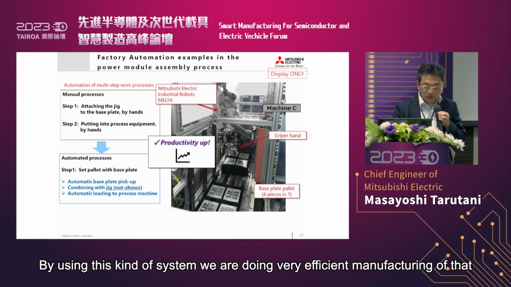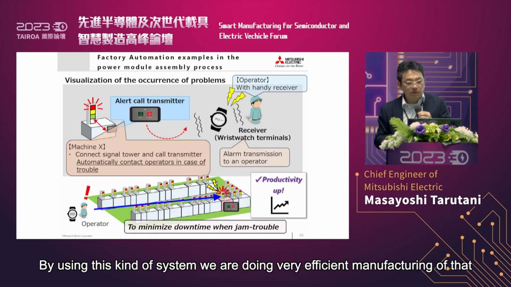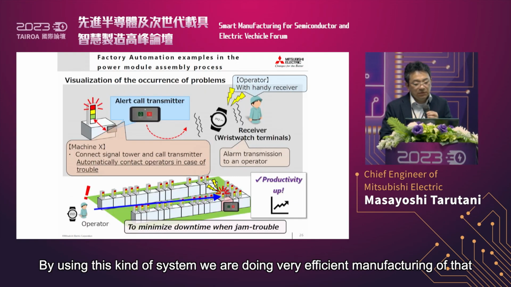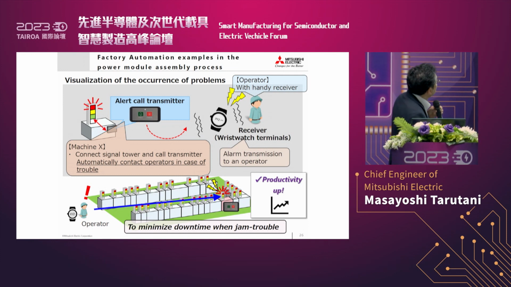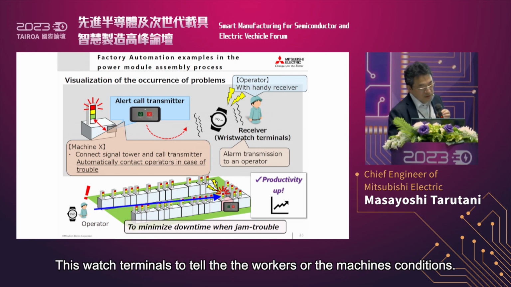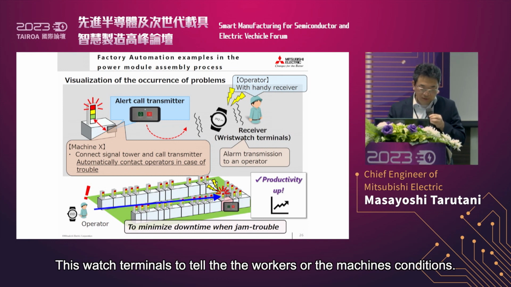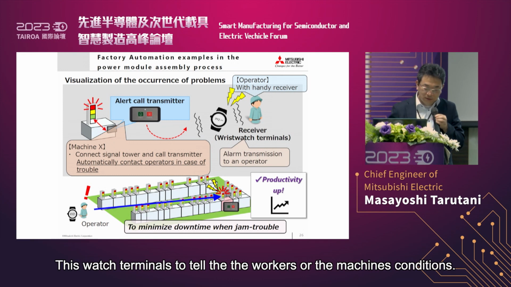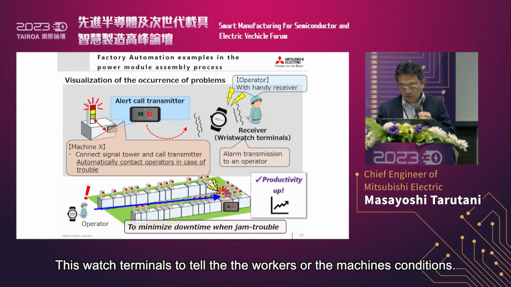By using this kind of system, we are doing very efficient manufacturing of our modules. And we are also applying an alarm transmitter system in wristwatch terminals to tell the workers about the machine's conditions.